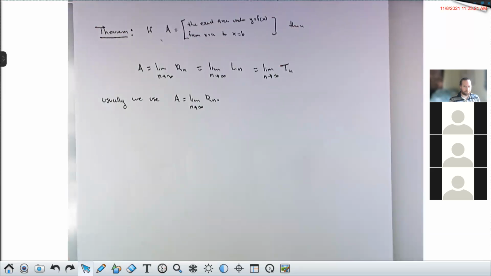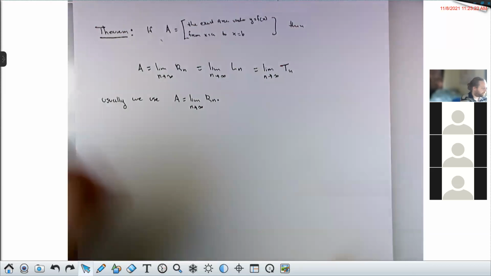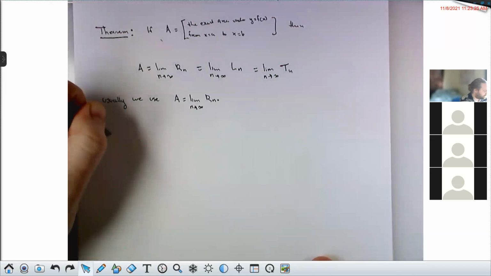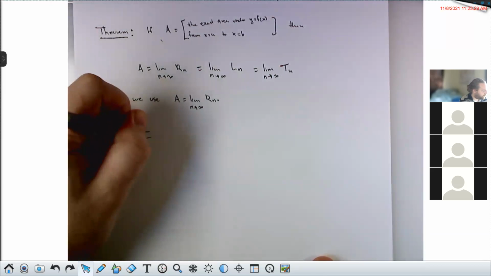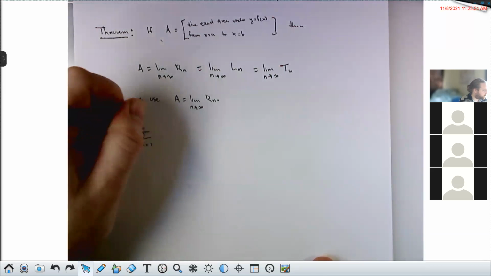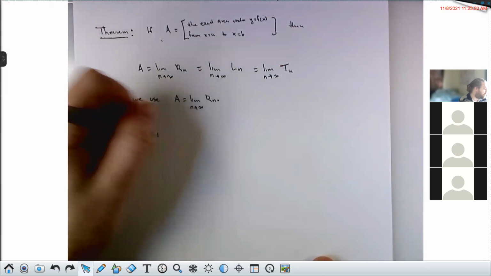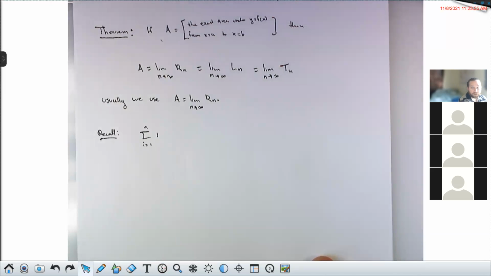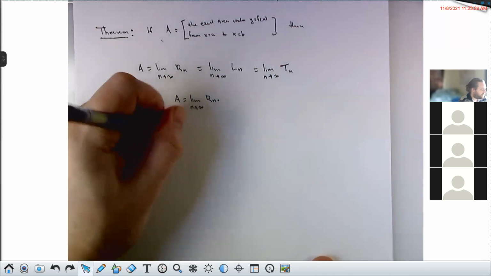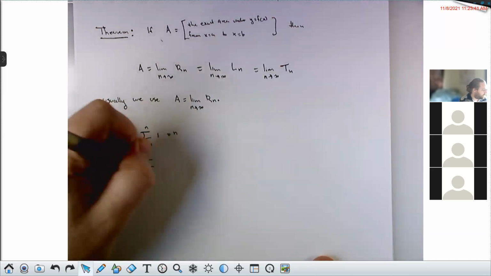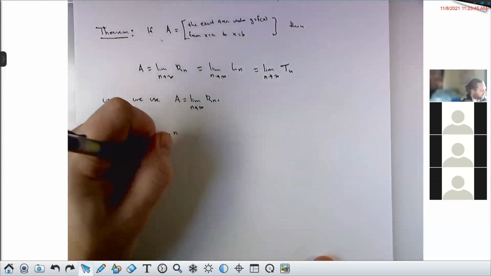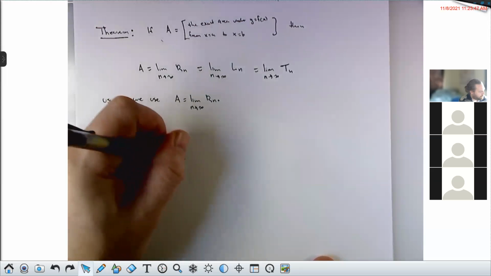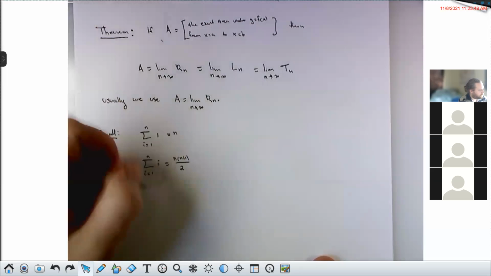Let me remind you of some summation formulas. We need these. There was one that I didn't share with you last time, and I apologize for that. The sum from i equals 1 to n of 1, that's just n. And then the other ones we did have: the sum from i equals 1 to n of i is n times n plus 1 over 2.